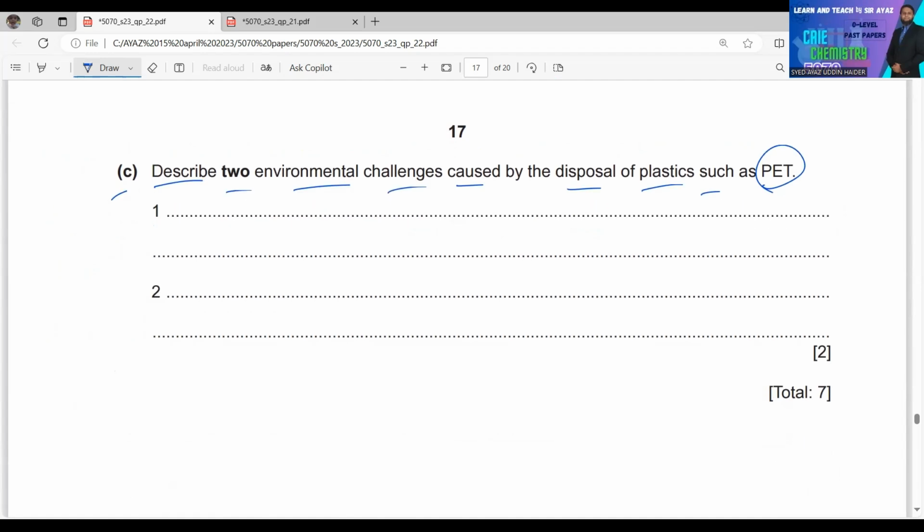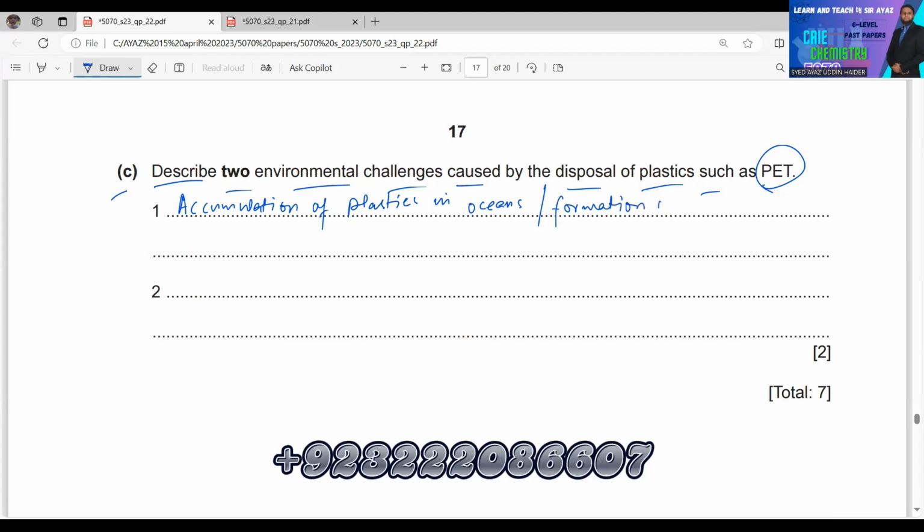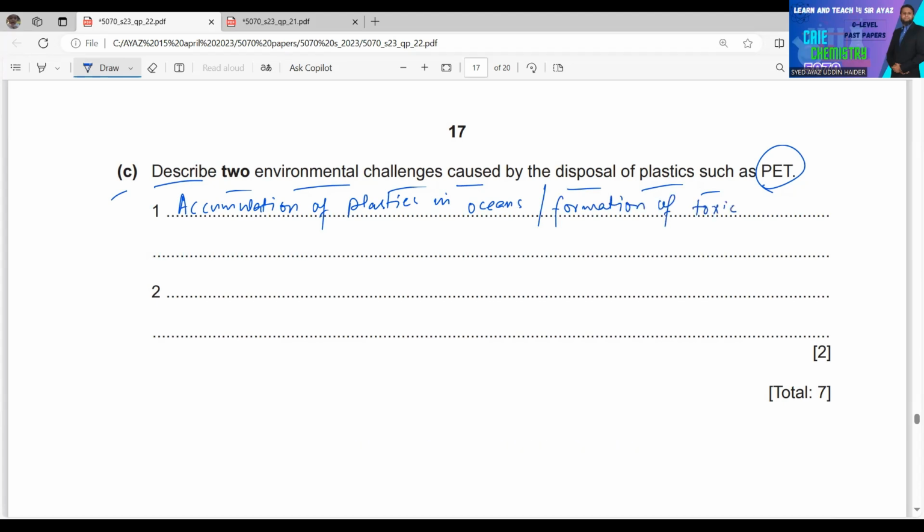So you can write any two from these, like accumulation of plastics in ocean, formation of toxic gases during burning, or formation of toxic gases when burned.